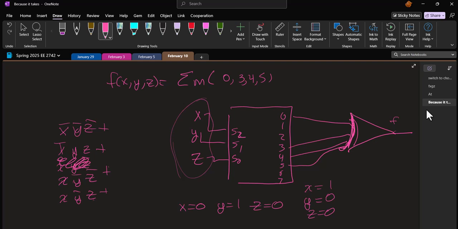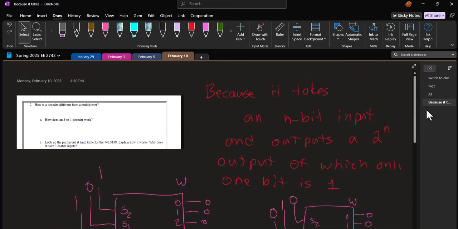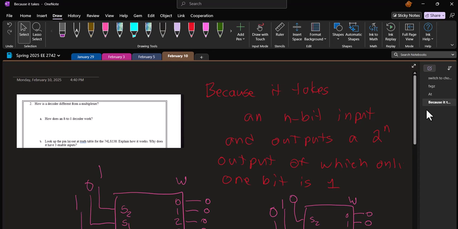What binary number is that? 4. And if 4 comes in here, do I get an output of 1? Yeah, so 4 would be 1, and so that works. Okay, so that gives you an idea as to how we would use a decoder for a 3-variable function.